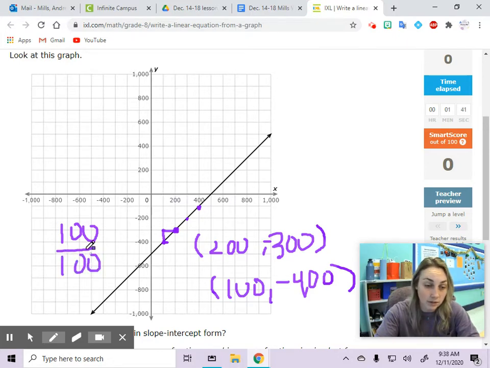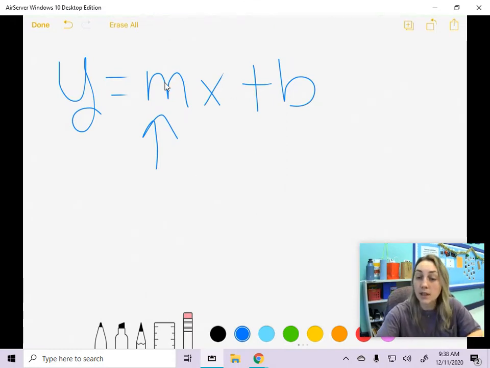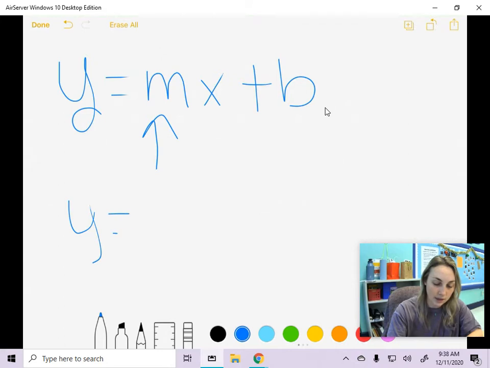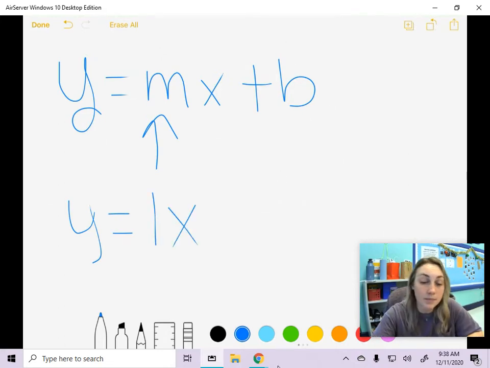We can reduce that, and our answer is going to be 1. Our slope is 1. So I can go back to here, and m is slope, so I can put that into the formula. y equals 1x. And now I have to find b.